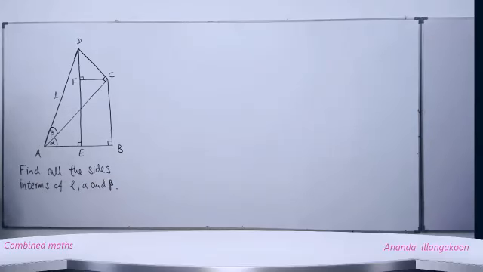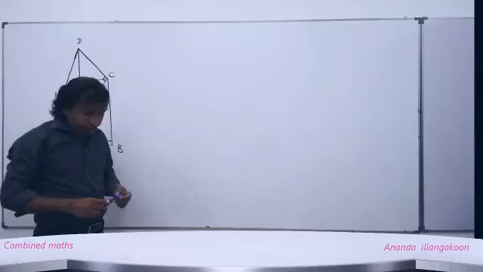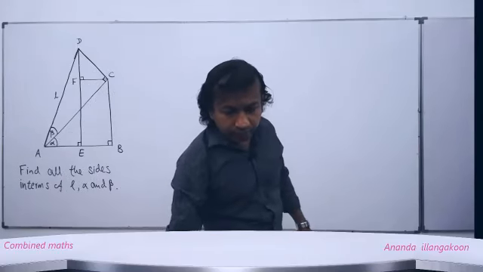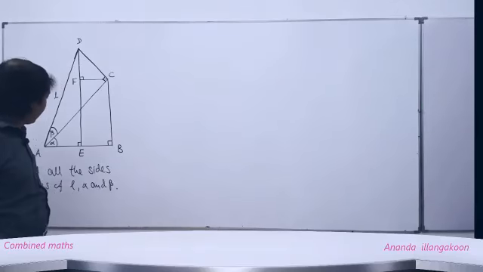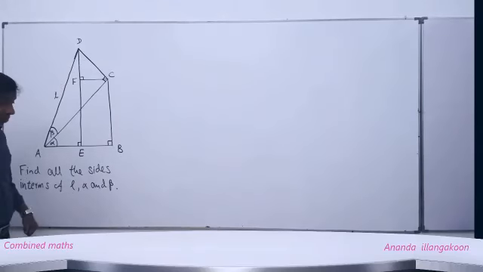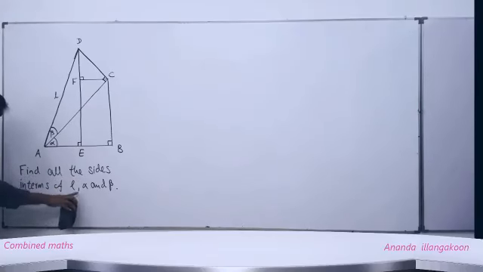Understood? Right. First draw the diagram, people. Right. Okay. Now write down: find all the sides in terms of L, alpha, and beta. Yeah.